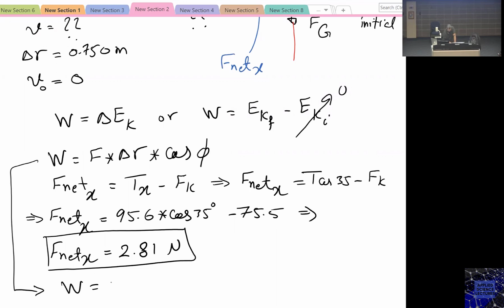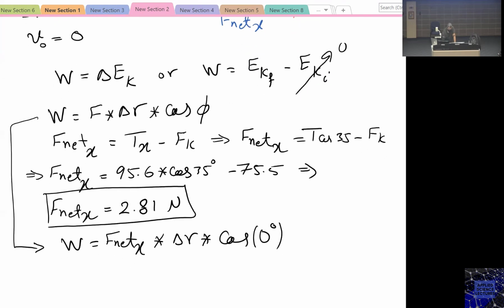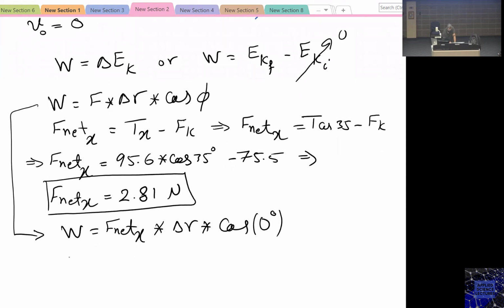W equals F net x times delta R times cosine 0 degrees, which is 2.81 times 0.750 times 1.